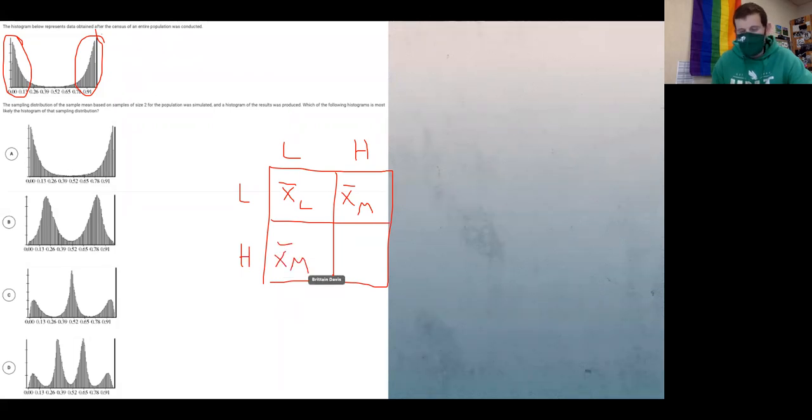But if both of them came from the high end, which seems pretty likely to happen, then the sample mean here is going to be high. So it looks like I'm going to have 3 distributions. The most common is going to be right in the middle. But then there's going to be a cluster of people at the low end and a cluster of people at the high end. So the answer here is C.